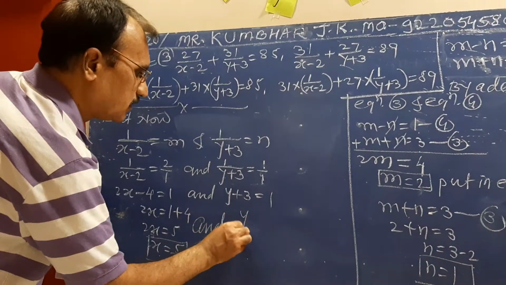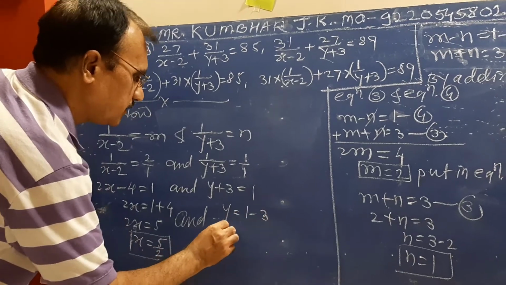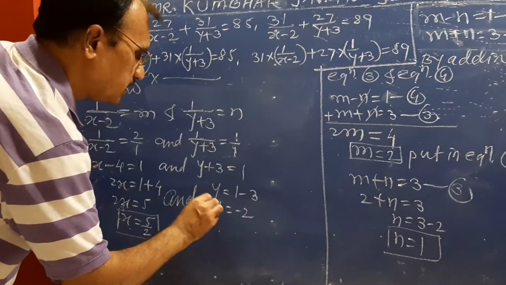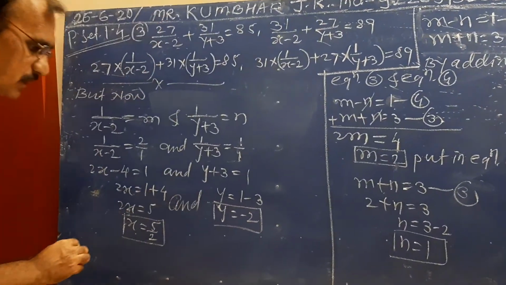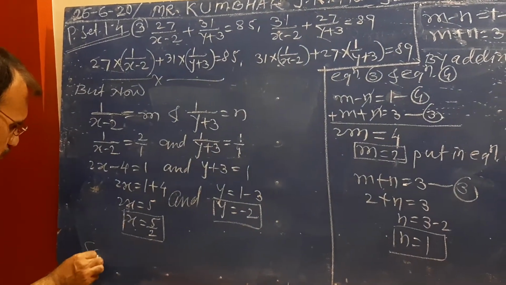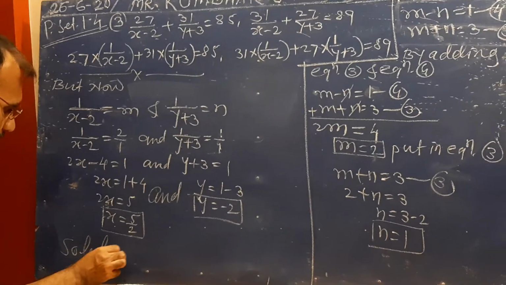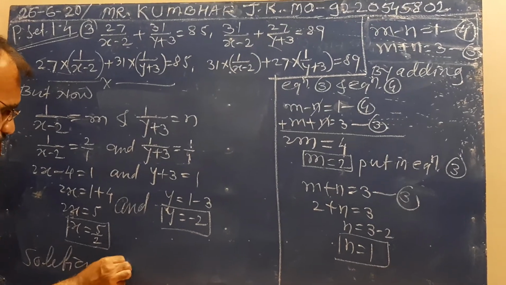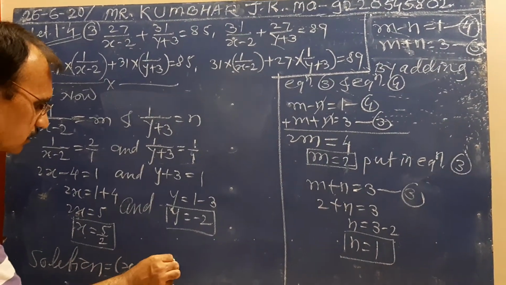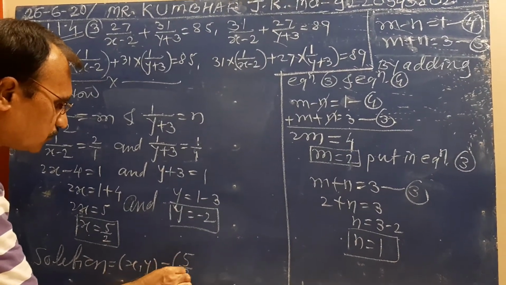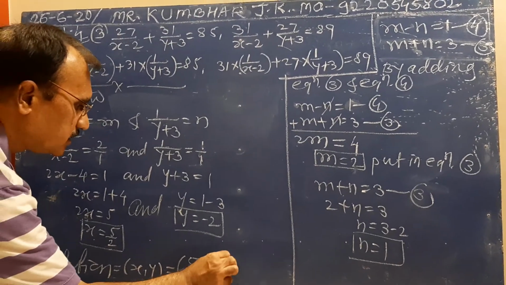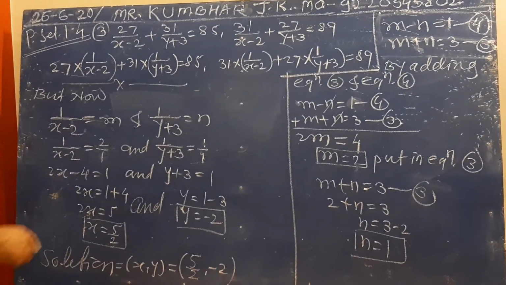And y is equal to 1 minus 3 and y is equal to minus 2. Means our final solution is xy is equal to (5 by 2, minus 2), the required answer of this example.